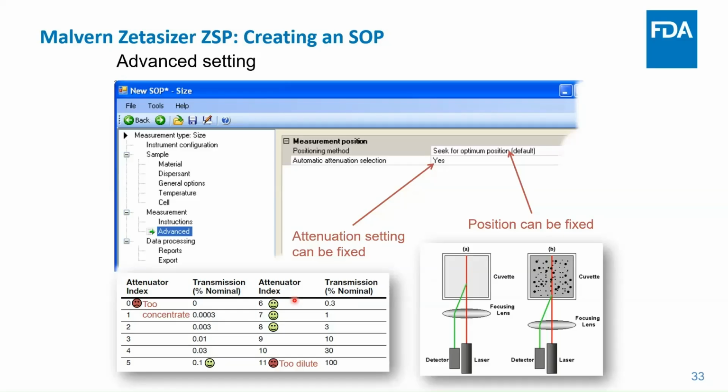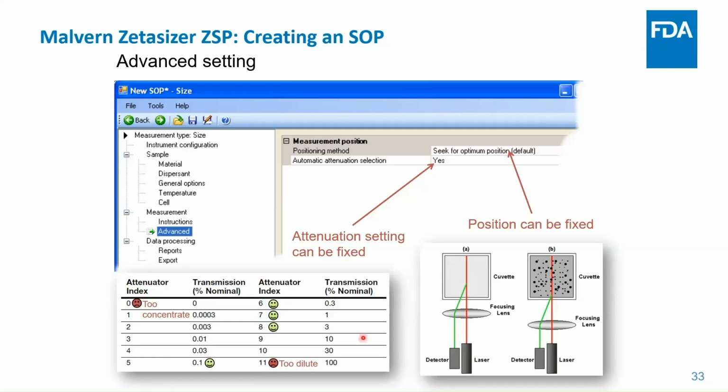And of course, you can see that in the absolute values of the attenuator index. As it starts to go down below 5, their sample is really concentrated. And of course, there's basically the most open, so no filter, 100% laser power on the system is attenuator index 11. That means the system is super dilute. So those are kind of the two edges.